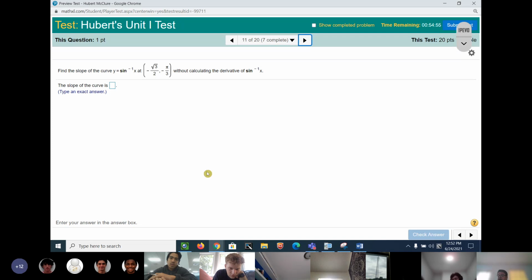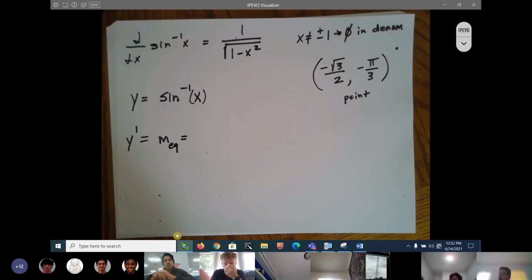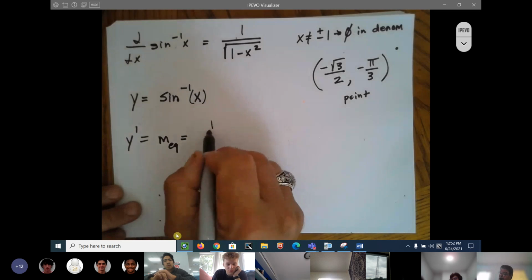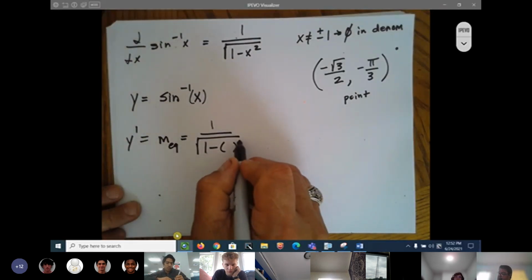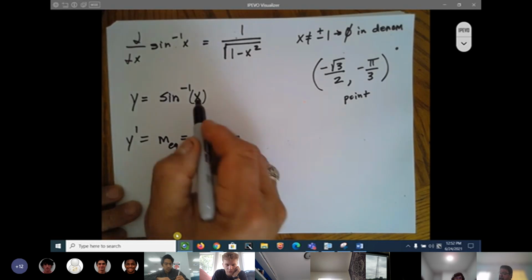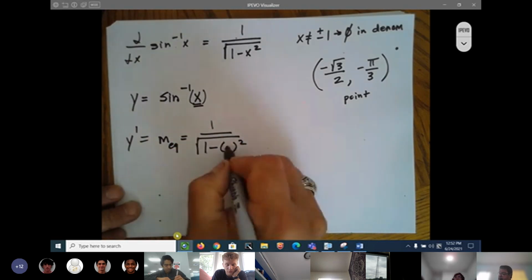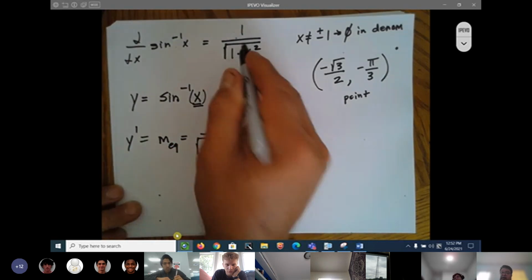And they want us to plug in a point to get our slope. So y prime, which is equal to the slope equation, is equal to 1 over square root of 1 minus parentheses squared. X is in parentheses, so we put that there, and of course we get that right there.